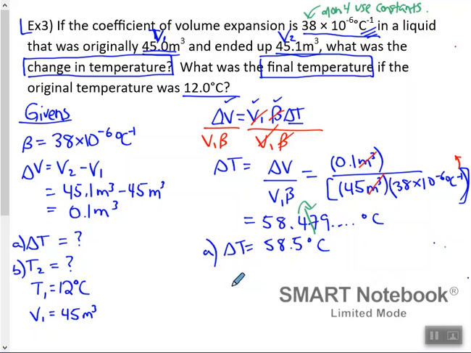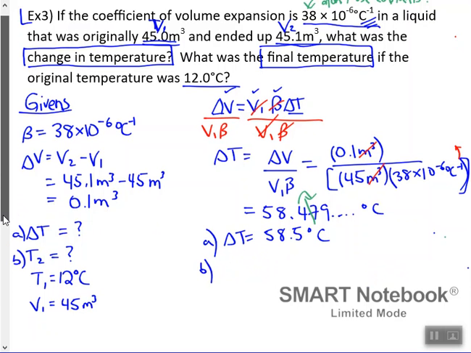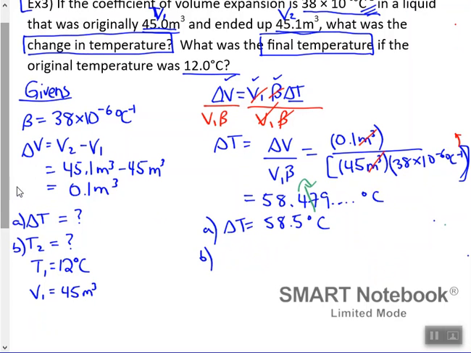Okay, so B, we need to find our final temperature. Now we can think through this and figure it out, or we can actually just use our formula. If we were thinking through, if our change in temperature was 58.5 degrees Celsius, I went up in volume, which means that my temperature was raised, right? So that means I'm gaining 58.5 degrees Celsius. So if it was 12 degrees Celsius, then I just need to add 58.5 degrees to that and I'm good.